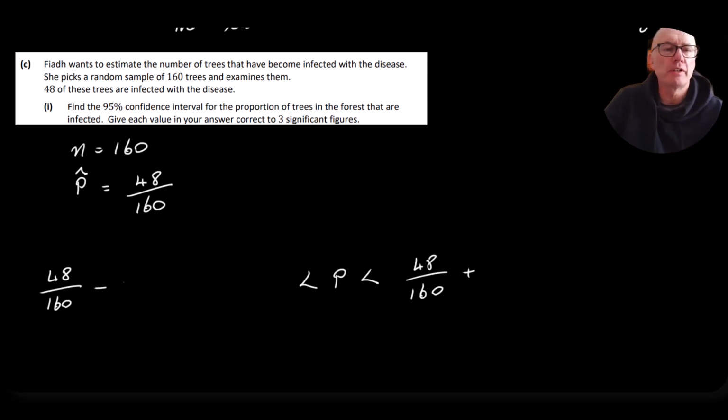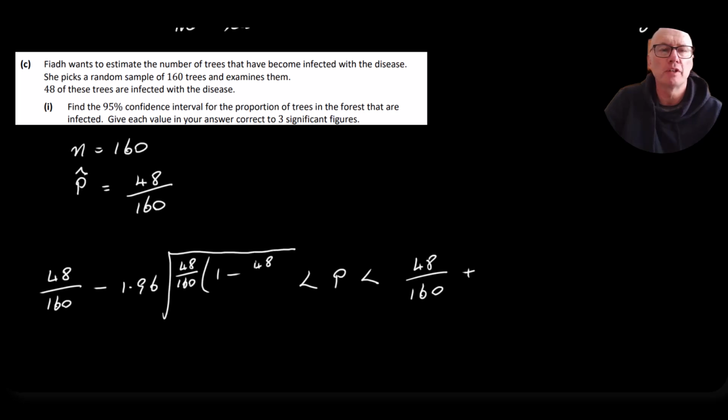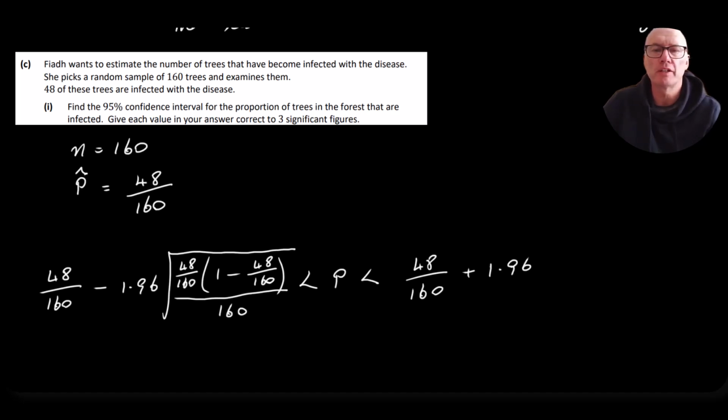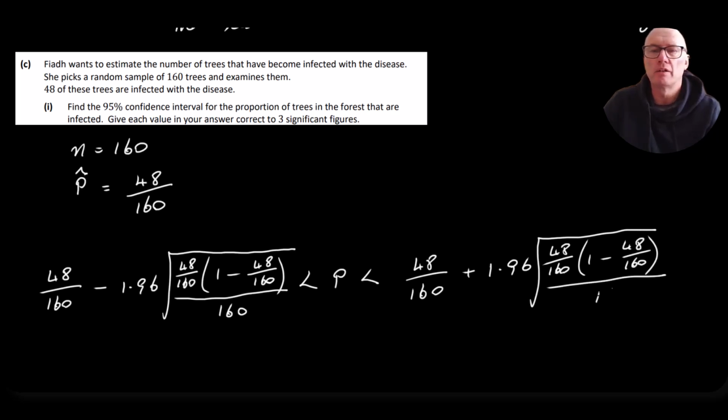Our margin of error is 1.96 times the square root of p hat, which is 48 over 160, times 1 minus p hat, which is 48 over 160, all divided by n, which is 160. Do the same on the other side, so it's plus 1.96 times the square root of p hat, 48 over 160, times 1 minus 48 over 160, divided by 160.